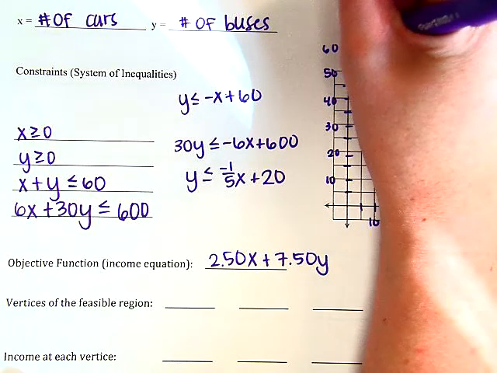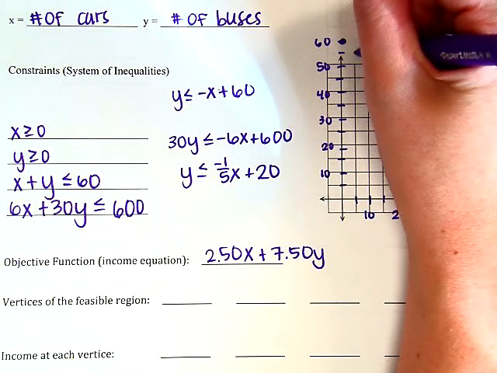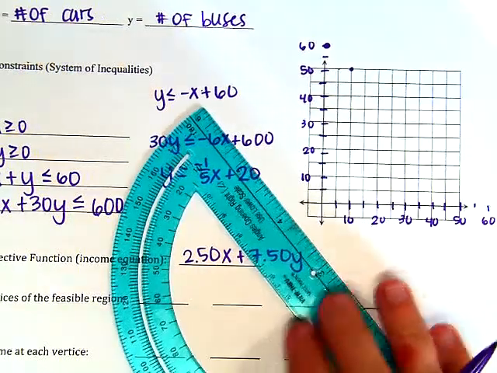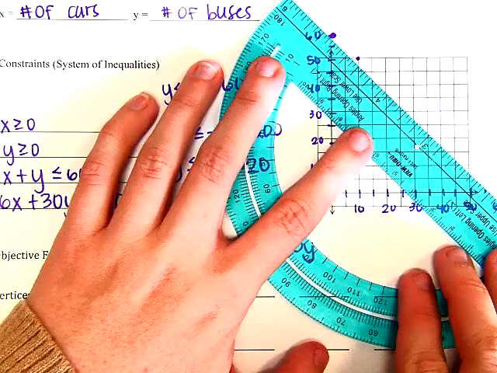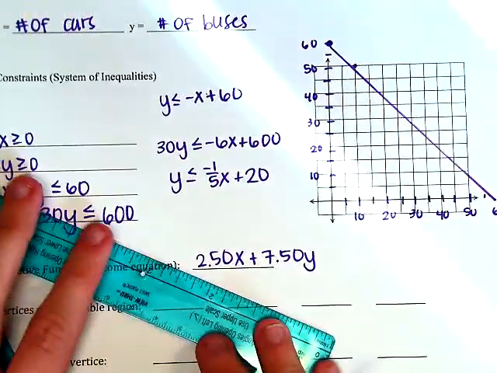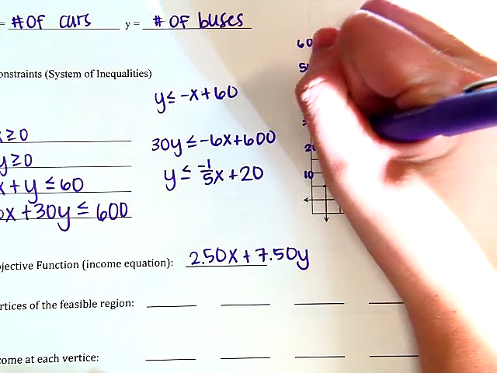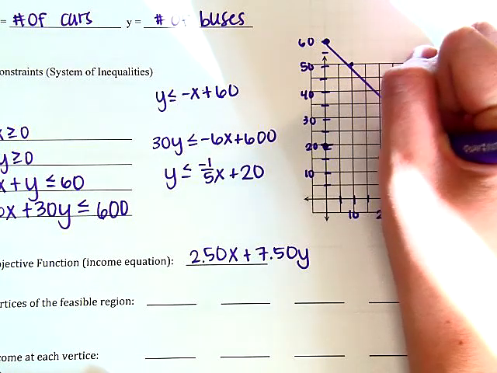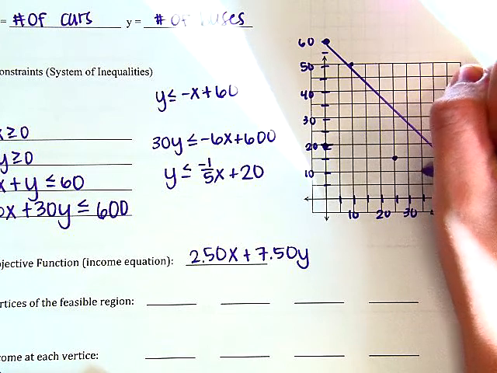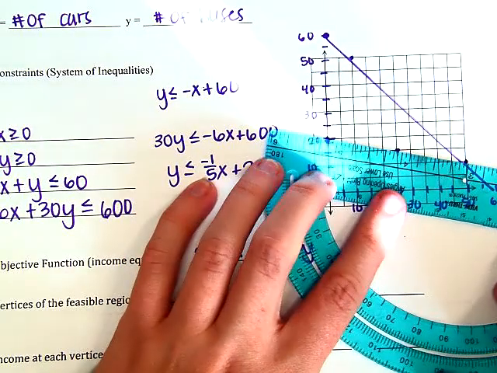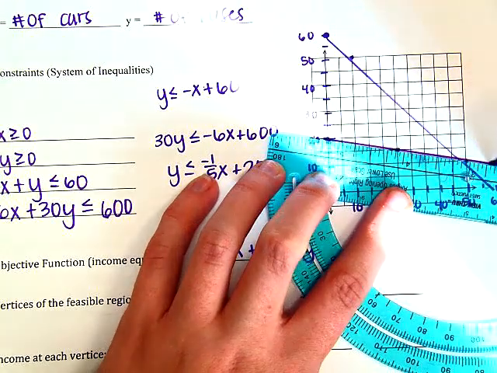So it starts at 60, and then it's down 1 over 1, down 1 over 1. So if I keep going, it's going to bring me all the way to basically this 60 right here. So there's that equation. My other one starts at plus 20, and then it's down 1 over 5. Down 1 over 5. If I kept going, it would keep going that way.